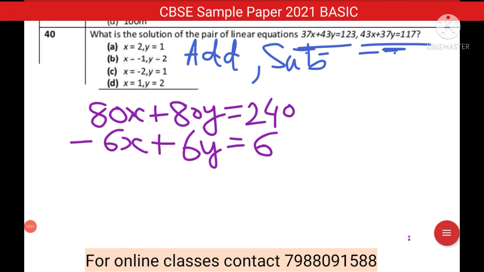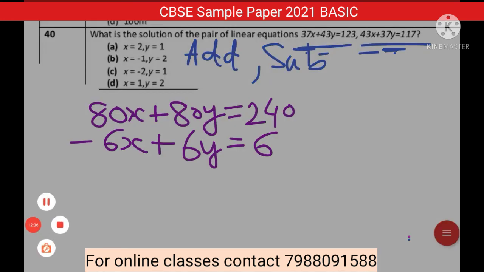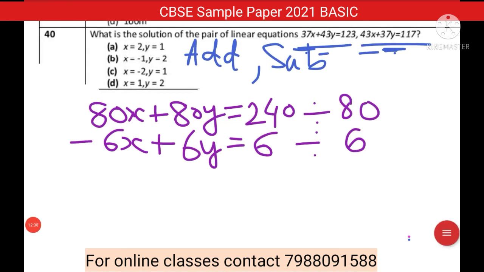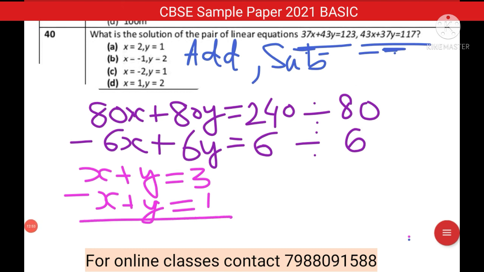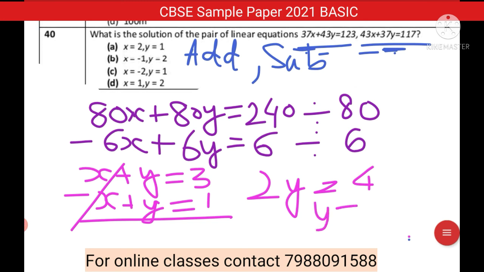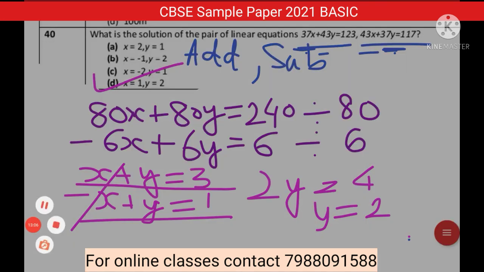Now I can divide the first equation throughout by 80 and second equation throughout by 6. On solving, I get 2y is equal to 4, which gives me y is equal to 2. And clearly if y is 2, putting in this equation, I get x is equal to 1. Hence D is the correct option.